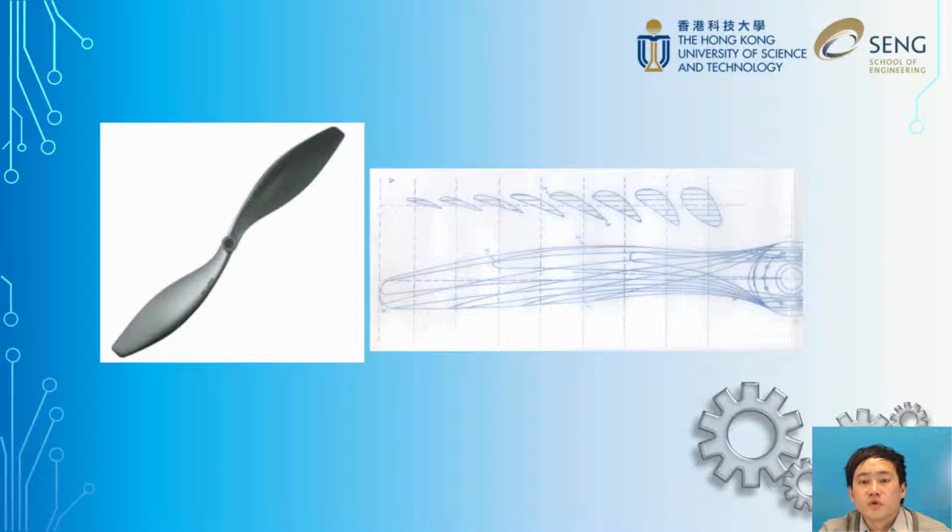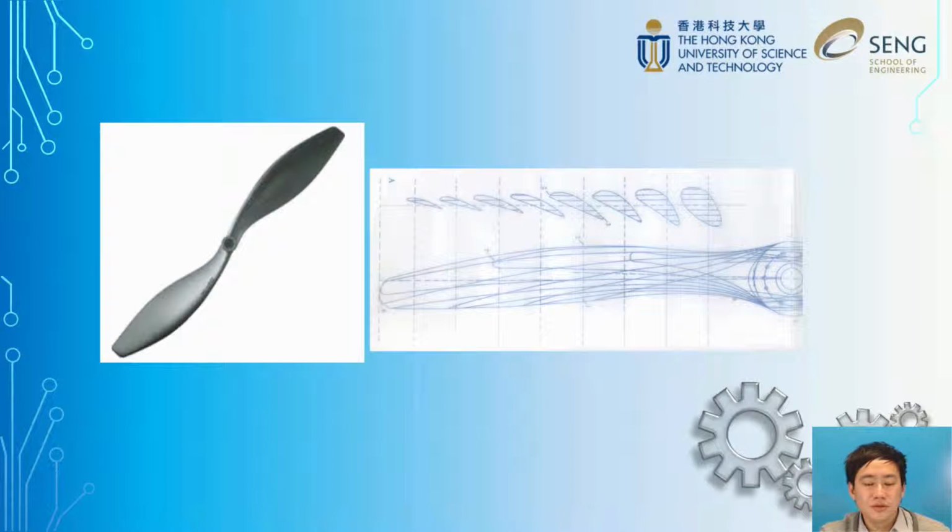So the combination of the two will give you a net forward movement power without generating the reaction torque, because the reaction torque from the two propellers will cancel each other, as one is rotating in the clockwise direction and the other one is rotating in the counterclockwise direction.